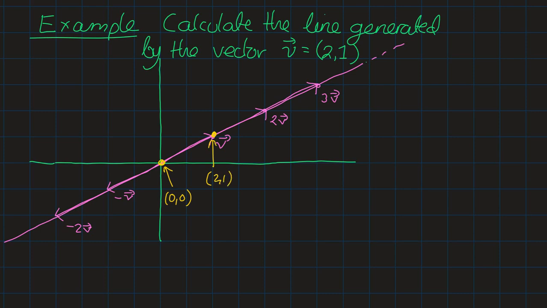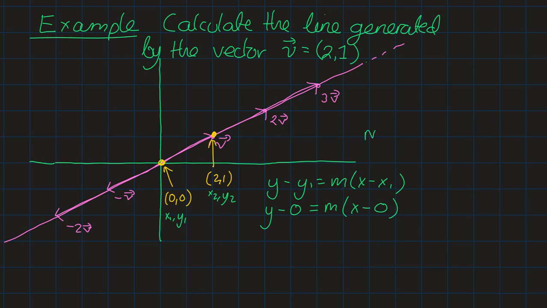Remember the equation of a line is given by y minus y1 equals m times (x minus x1). If I let this be (x1, y1) and this be (x2, y2), then this turns into y minus 0 equals m times (x minus 0). I just need to work out what m is, and m is equal to (y2 minus y1) divided by (x2 minus x1).